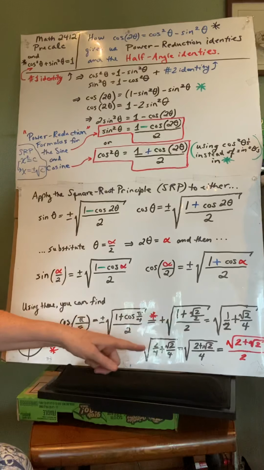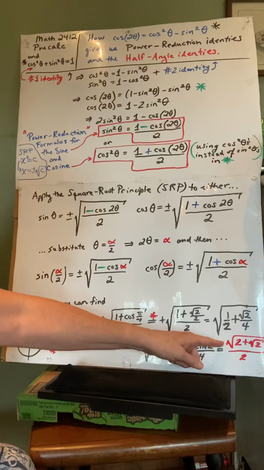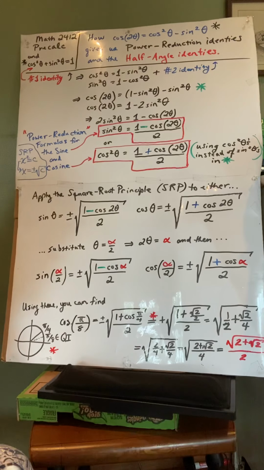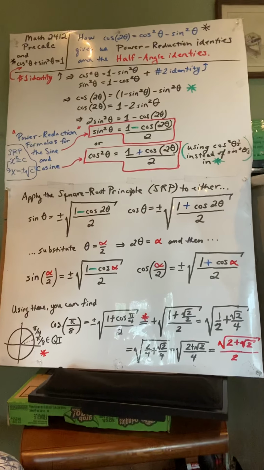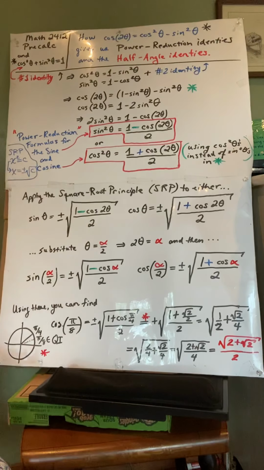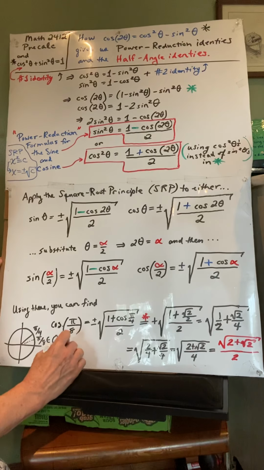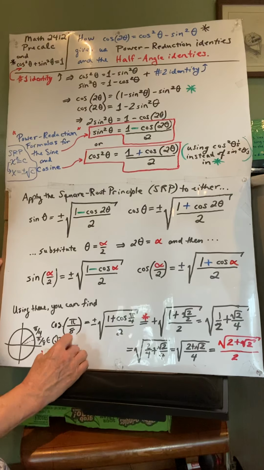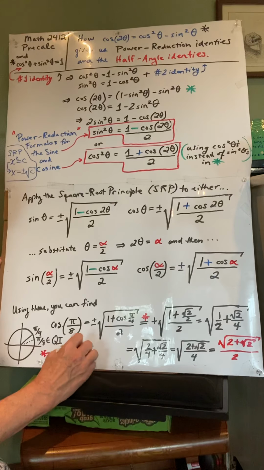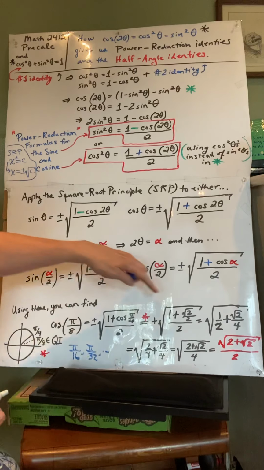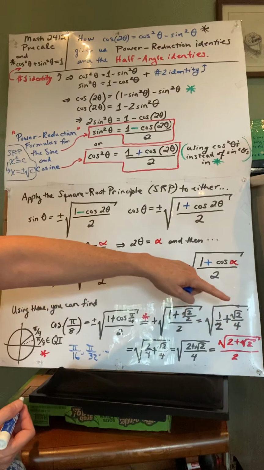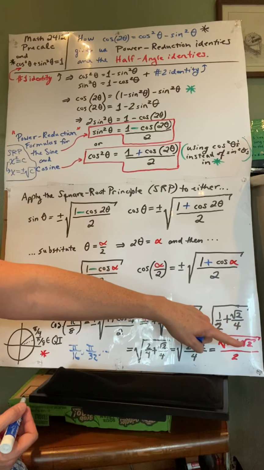Okay, wow, nested radicals. Are you the type of person that thinks nested radicals kind of look cool? If you are, then maybe you would like to find the sine or cosine of half of that, which is pi over 16, or half of that, pi over 32, et cetera. So you can have nested radicals 3 or 4 deep.